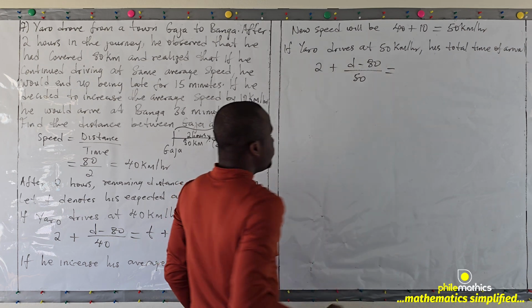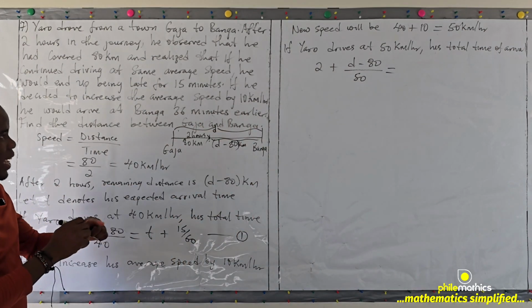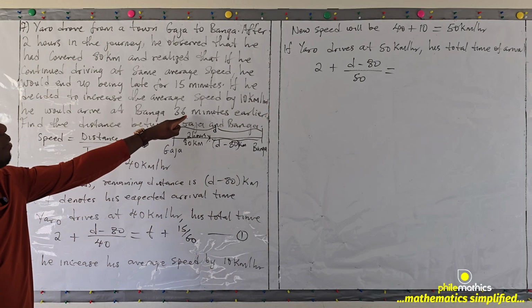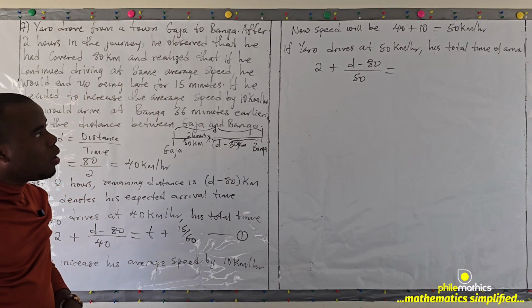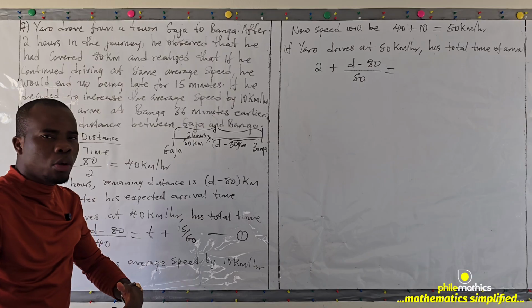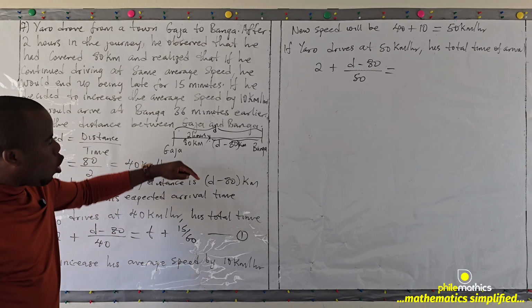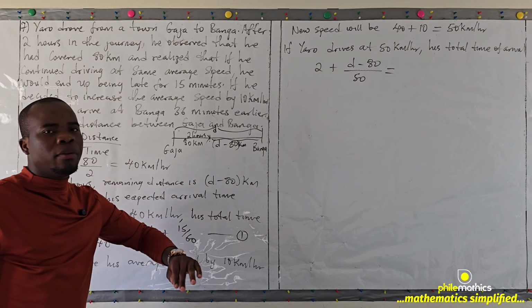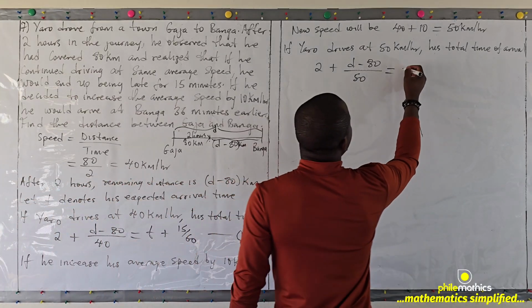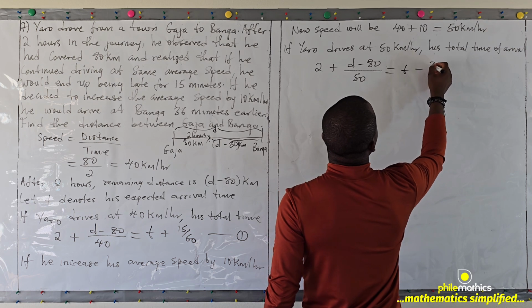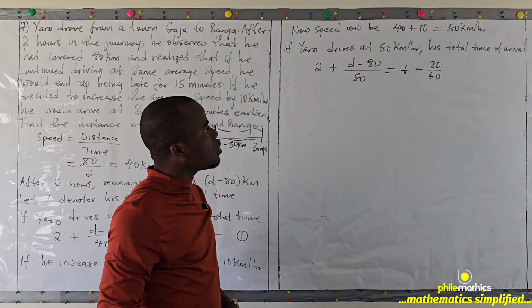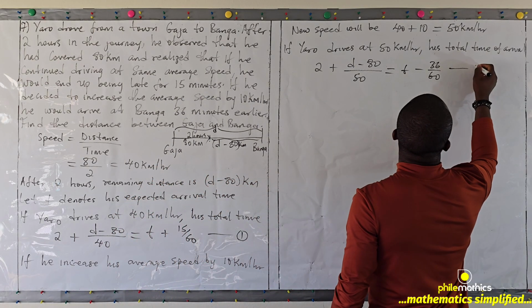We are told that if he increases his speed by 10, he will arrive 36 minutes earlier. What does that mean? 36 minutes earlier means you have to subtract 36 minutes from his expected time, unlike the first, where he arrives 15 minutes late and you add 15 minutes to his expected time. So this will be T minus 36 over 60. You want to always convert it to hours. Let's call this equation 2.